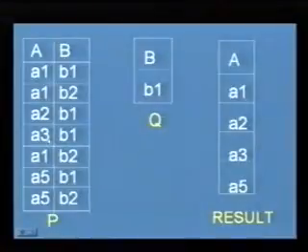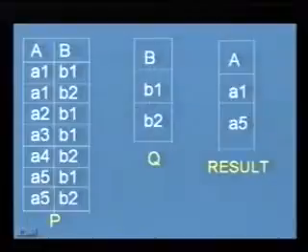A3 is also associated with B1 and therefore A3 is also in the resultant relation. A5 is also associated with B1 and therefore it is in the resultant relation. So basically, wherever we have B1, those corresponding A attributes will be listed in the resultant relation.